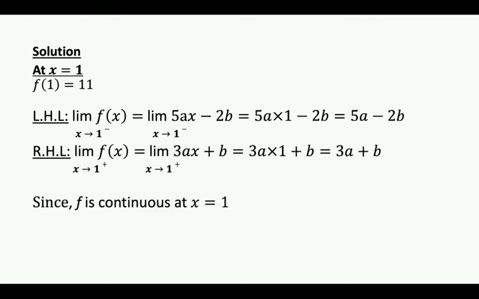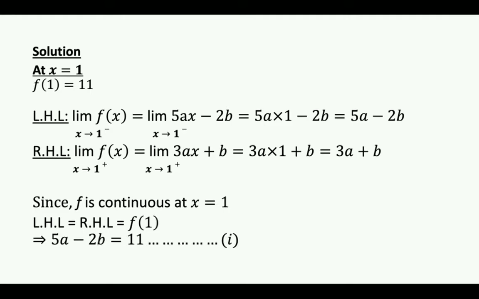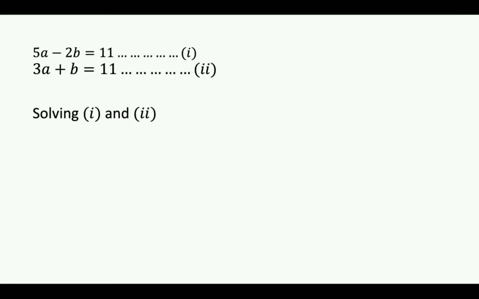Since f is continuous at x equal to 1, left hand limit equal to right hand limit equal to f(1). 5a minus 2b equal to 3a plus b equal to 11. From here we get 5a minus 2b equal to 11 and 3a plus b equal to 11. Solving these equations for a and b, we get a equal to 3 and b equal to 2.